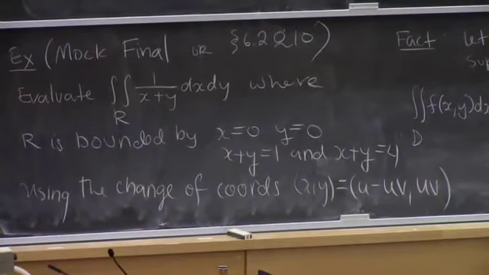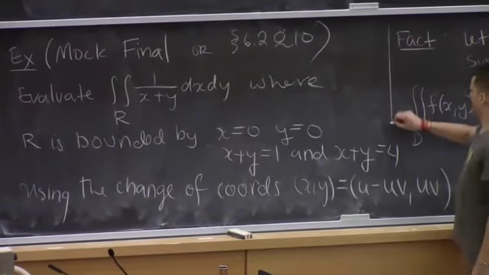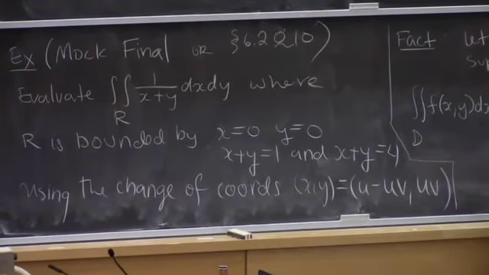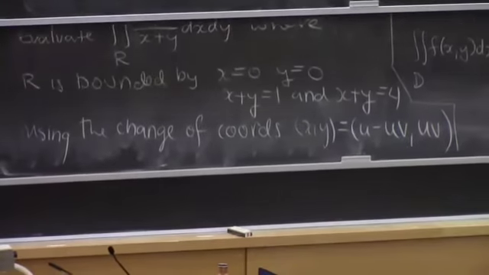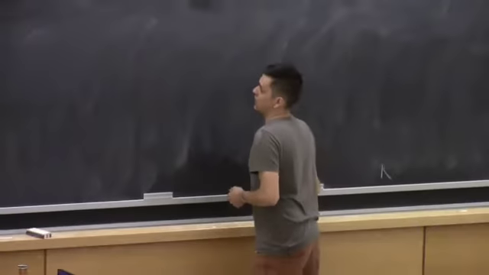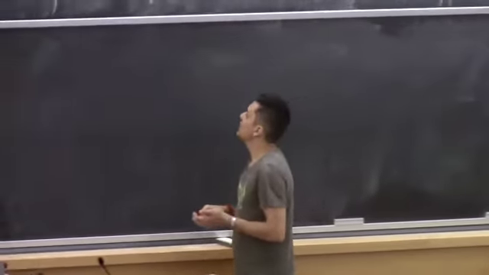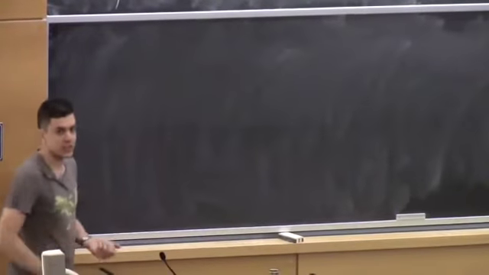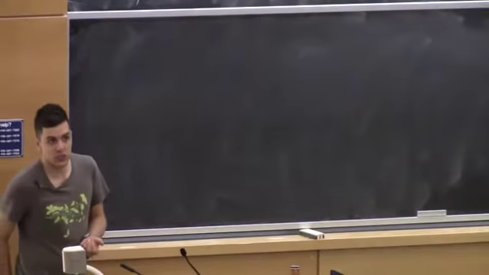Okay, so it gives us the change of coordinates, but at the time of the mock final, we didn't have the tools to really use this. We didn't have this formula here. So now I want to go through this example using change of coordinates formula. So the first thing to do is to get a handle on the original region.